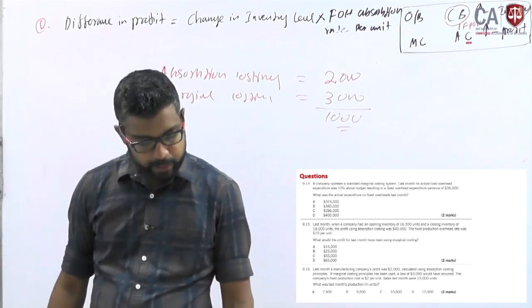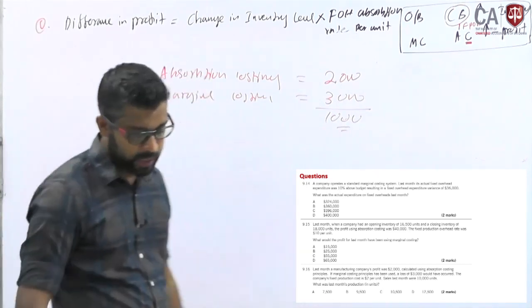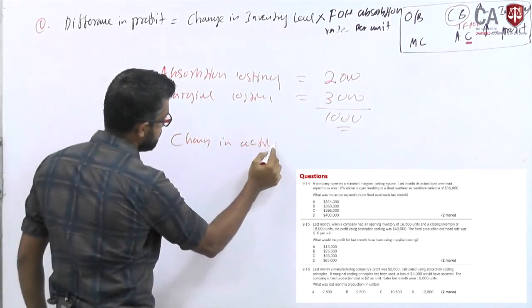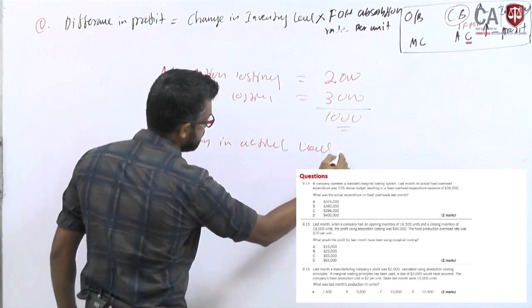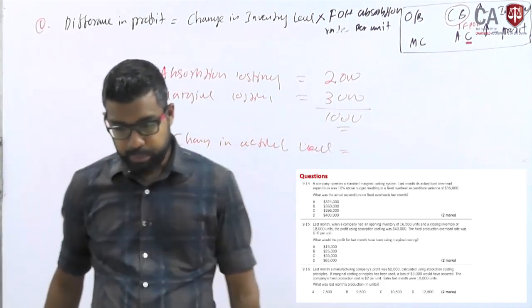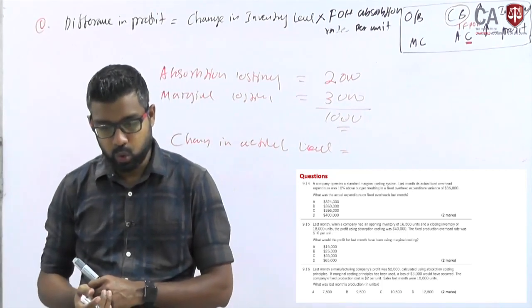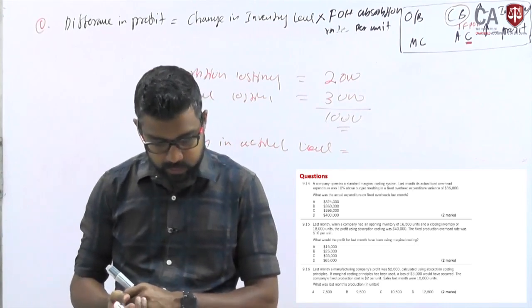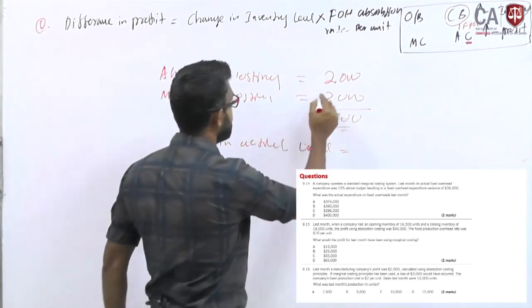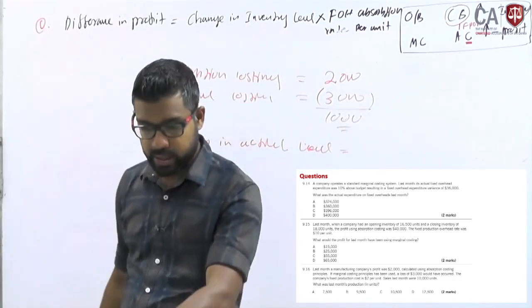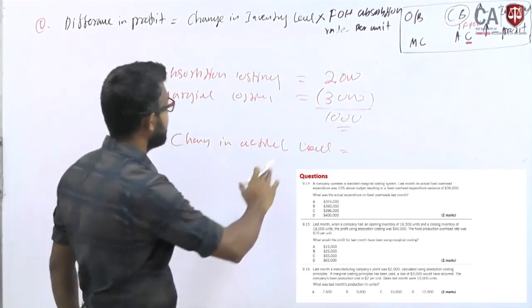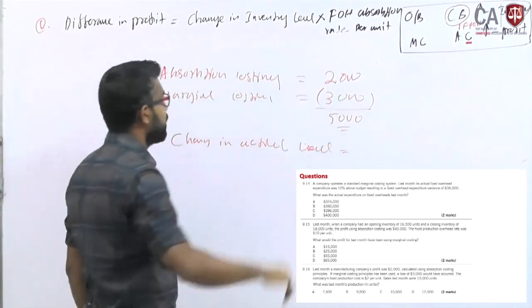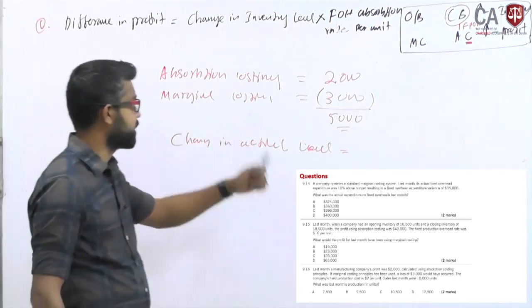The company's change in activity level. The fixed production overhead cost per unit is 2 and sales last month 10,000. Sorry, this is a loss. They have given it as a loss of 3,000, which means the difference is 5,000. Absorption costing profit is higher compared to marginal costing.